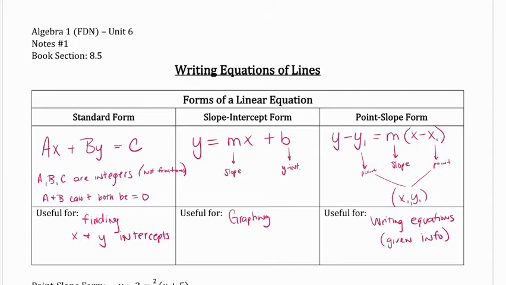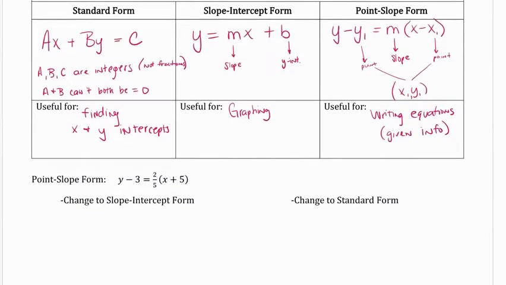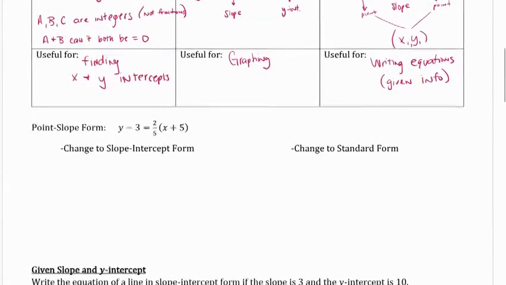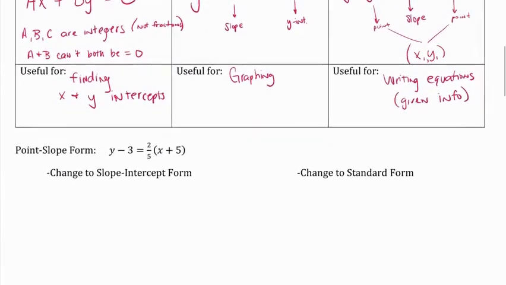Okay, all right, so there's our 3 equations we're going to use quite a bit. Let's start with just a little bit of rearranging. So I've given you an equation here that's already in point-slope form, right? So we've got this equation here, y minus 3 equals 2/5 times x plus 5. I want to change that equation into slope-intercept form, right?